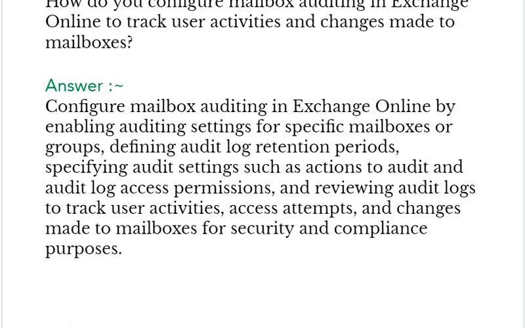Your answer should be configure mailbox auditing in Exchange Online by enabling auditing settings for specific mailboxes or groups, defining audit log retention periods, specifying audit settings such as actions to audit and audit log access permissions, and reviewing audit logs to track user activities, access attempts, and changes made to mailboxes for security and compliance purposes.